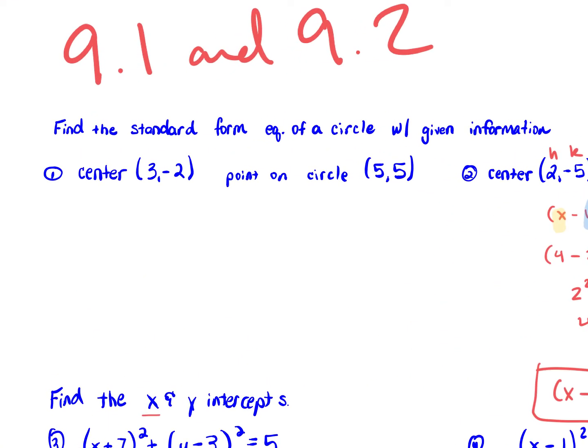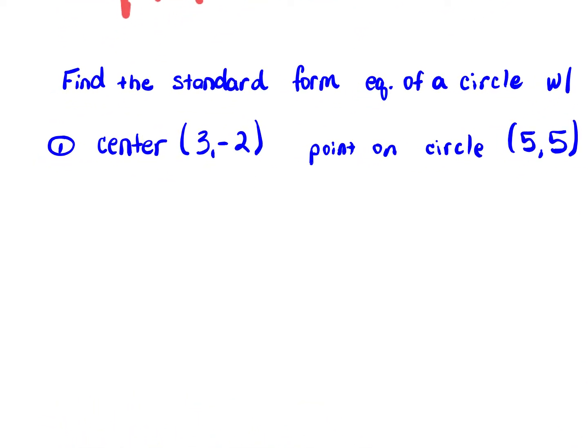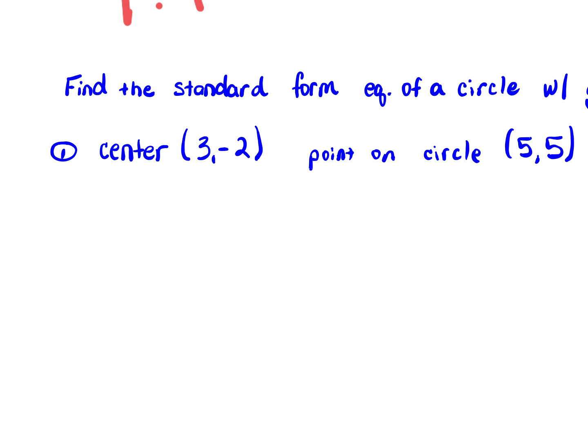So number 1, we have to find the standard form of the equation of a circle with the given information. So it gives me the center and the point on the circle. So my standard form of a circle is perfect.